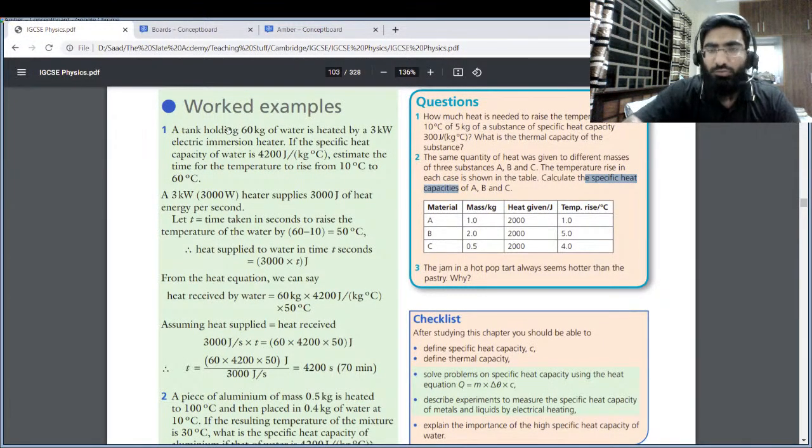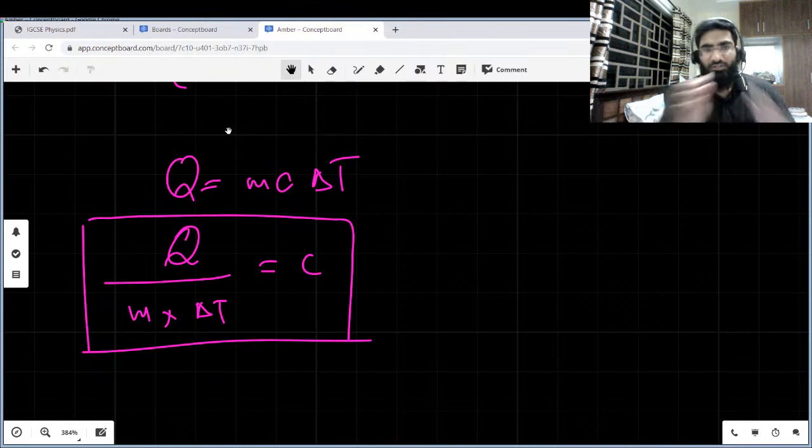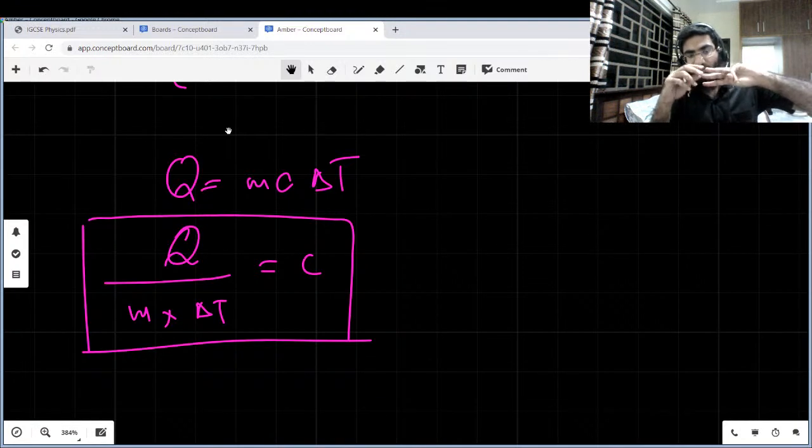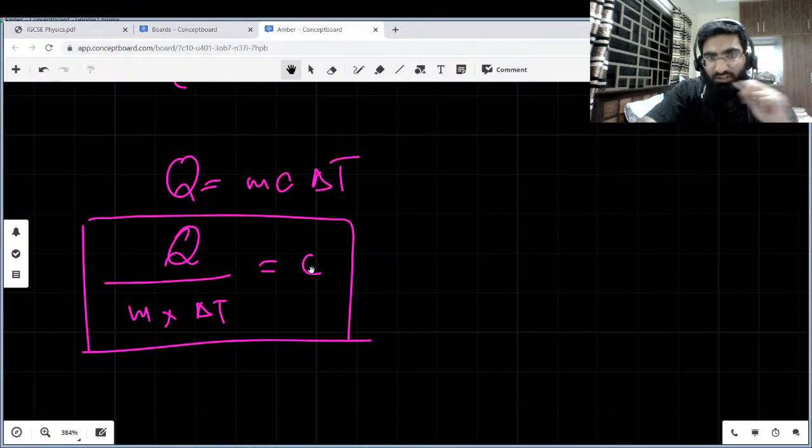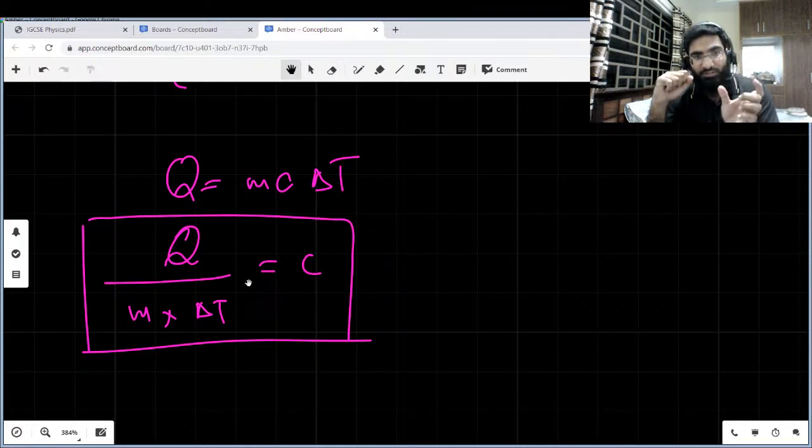And again, to contextualize, what does this C mean? These are three different substances given, A, B, and C. And for each substance, a separate mass is given 1, 2, and 0.5. So when I calculate C, it tells me the amount of heat energy that I have to give to, first substance A, then substance B, and then substance C, so that 1 kg of this substance raises its temperature by 1 degree centigrade.